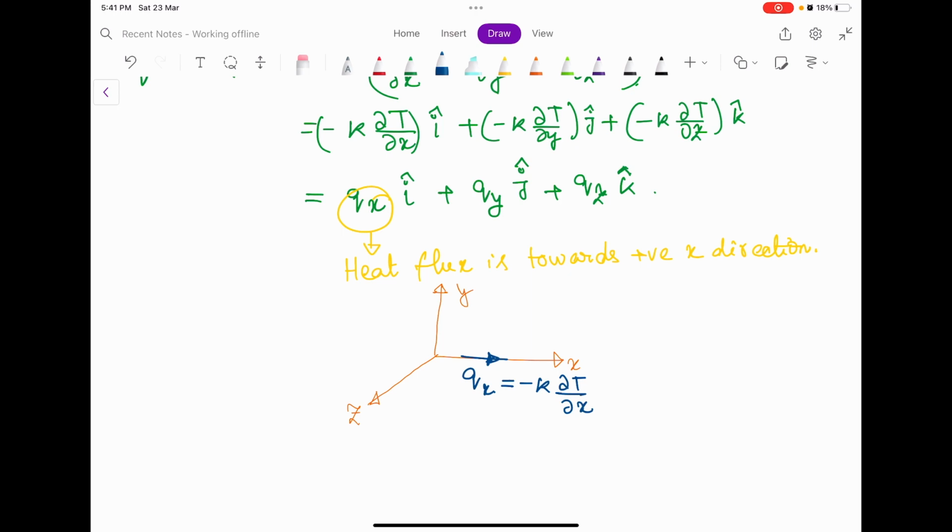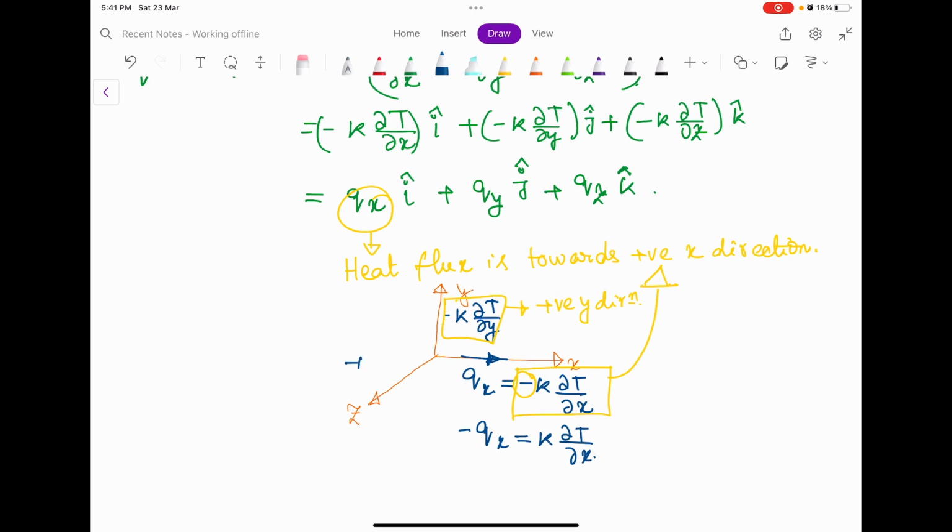If you write minus q_x, that will be k into dT dx, so you have to write this minus. Altogether, minus k dT dx has the direction towards the positive x direction. Similarly, you have to write minus k del T del y, and that will denote heat flux towards the positive y direction.